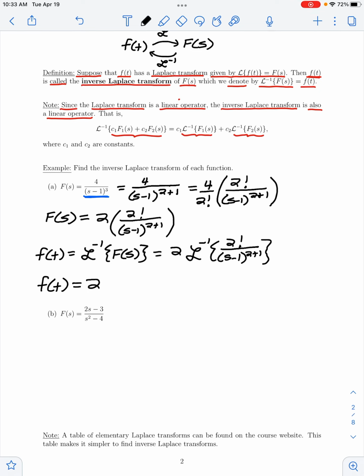And so I have 2 times the inverse transform of this expression, which would be t to the n, where n was equal to 2, times e to the at, where a is 1.